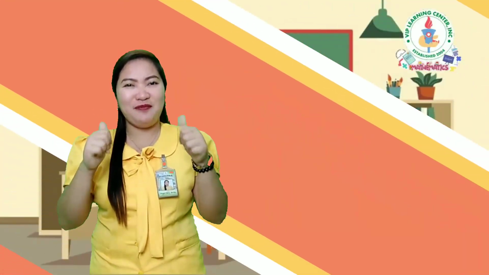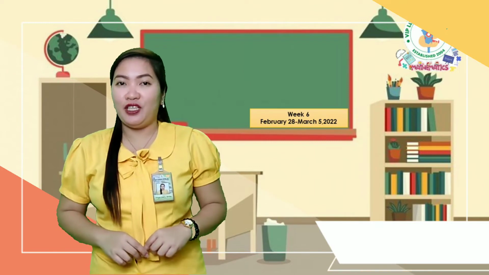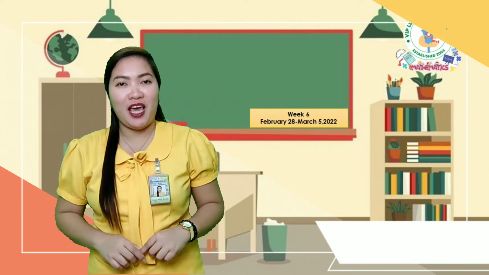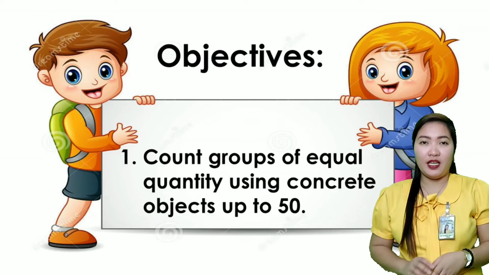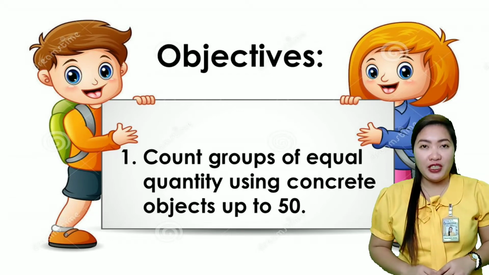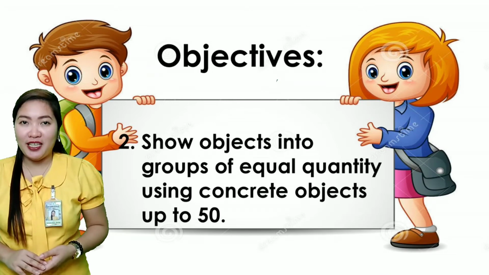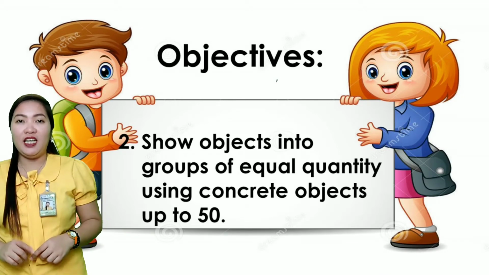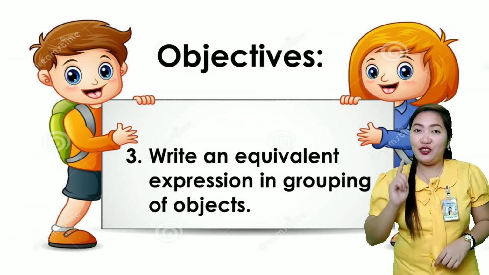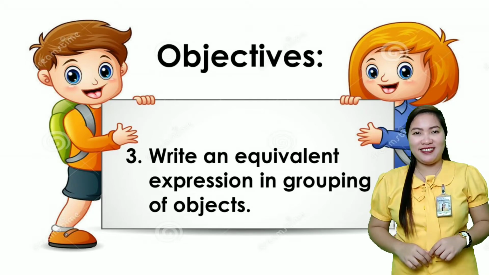Wow! Good job, children! Now, please listen carefully because at the end of our lesson, you must be able to count groups of equal quantity using concrete objects up to 50, show objects with groups of equal quantity using concrete objects up to 50, and write an equivalent expression in grouping of the objects.